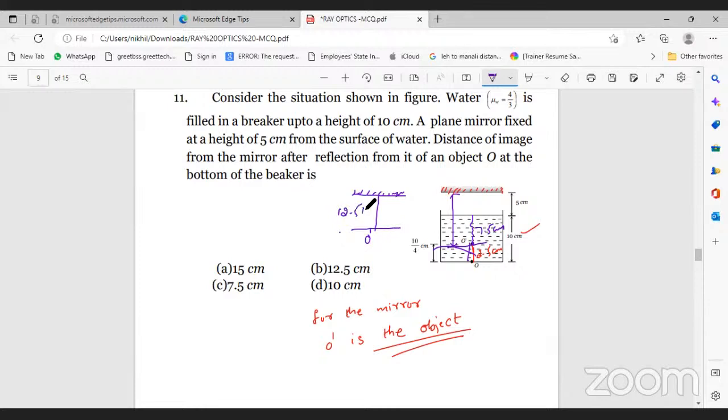12.5 centimeter. You know that in the case of a plane mirror, object distance is equal to image distance.